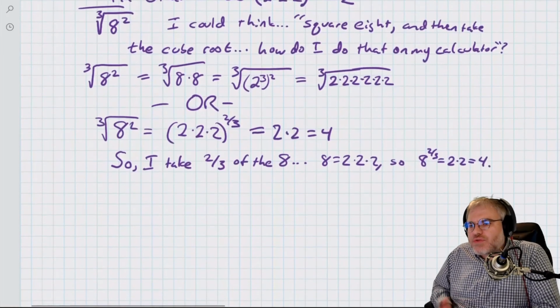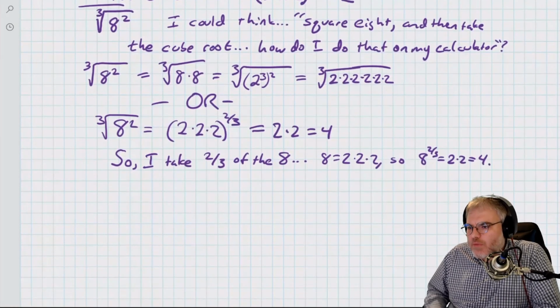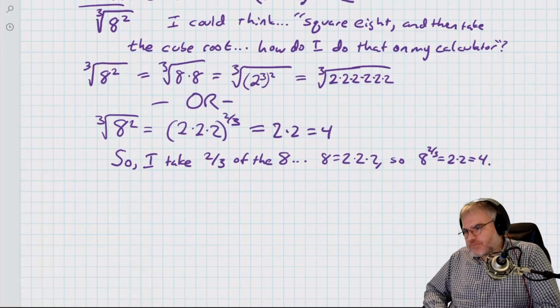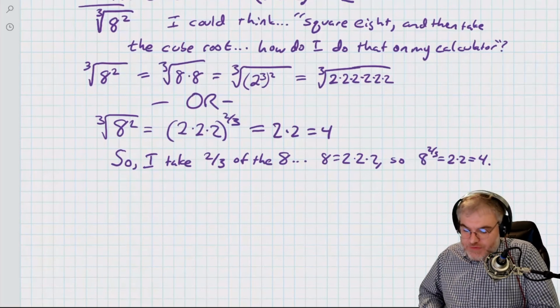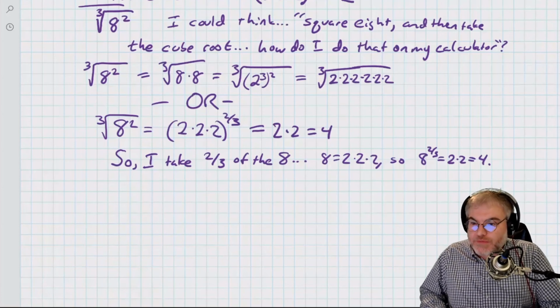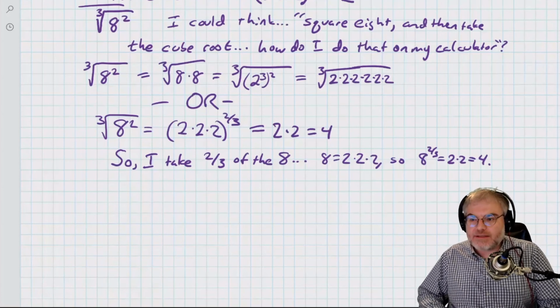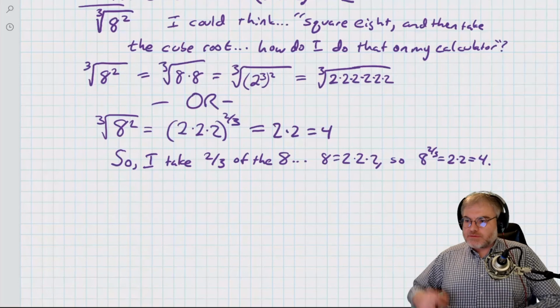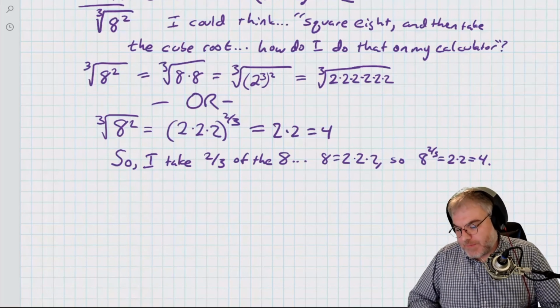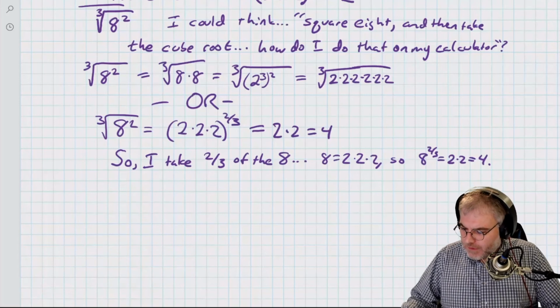I'm just taking 2/3 of the 2-ness, of the multiplicative 2-ness. Okay. Well, I thought that was the coolest thing I ever saw when I first saw it. I mean, 2/3 of the 2-ness? That's kind of neat. All right. Then again, I'm teaching math. Okay.